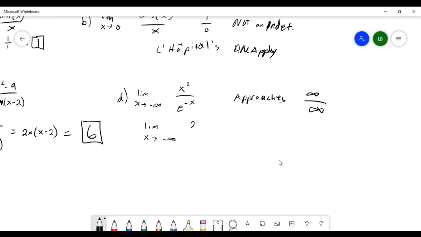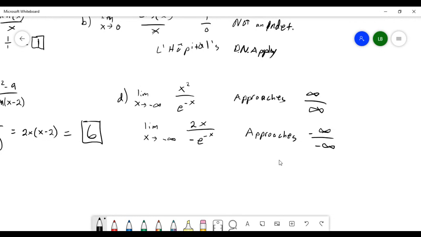And that would give us 2x, the derivative of our top, and negative e to the negative x for the bottom. But then if we plug in something close to negative infinity again, we get that this approaches negative infinity over negative infinity. And this is another indeterminate form.